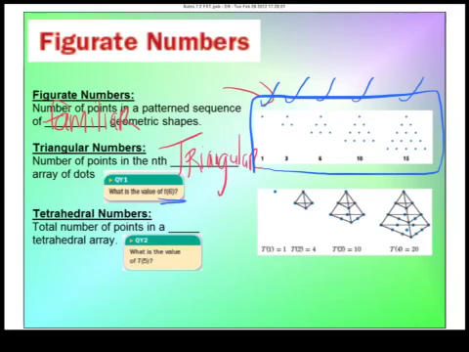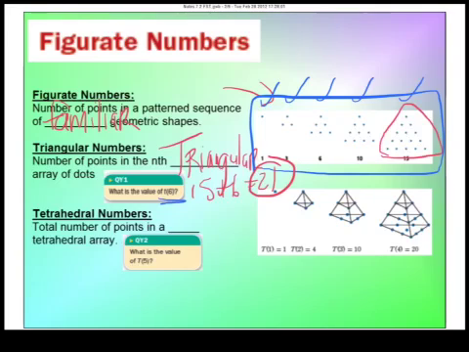This next one would be T of 6. If you look at the pattern, you should be able to deduce that they're going to take the existing 15 dots and add another row. The row they're going to add to it is going to be a row of 6. So 15 plus 6 will tell us that T of 6 will equal 21. So the 6th triangular pattern will have 21 dots in total.